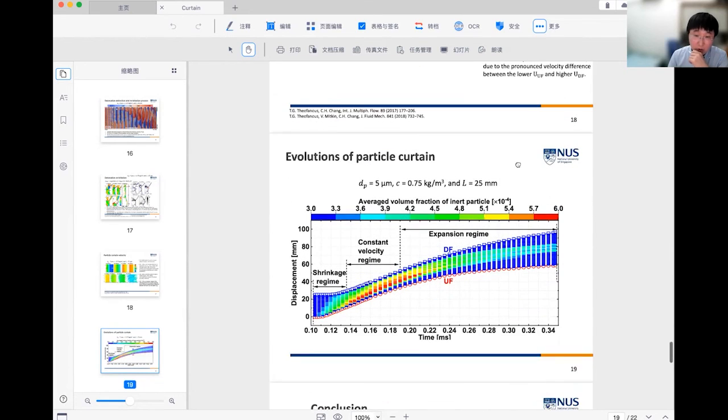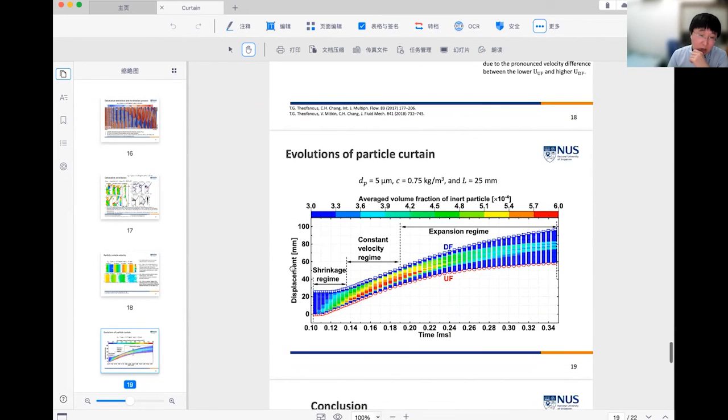This figure shows the displacement of the up front and down front of the particle curtain, colored with the average volume fraction of inert particles. So we can clearly see that the evolution has three stages: the shrinking regime, the constant velocity regime, and the expansion regime.